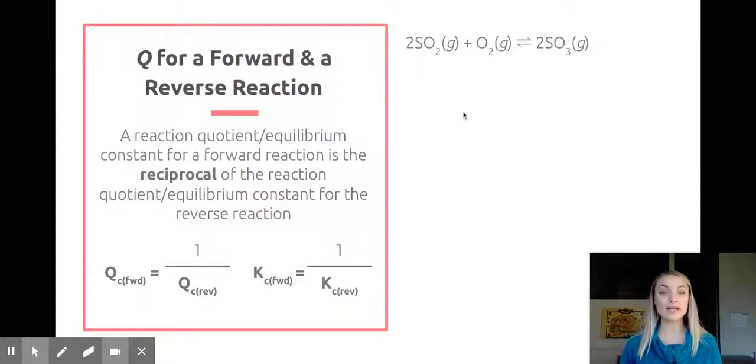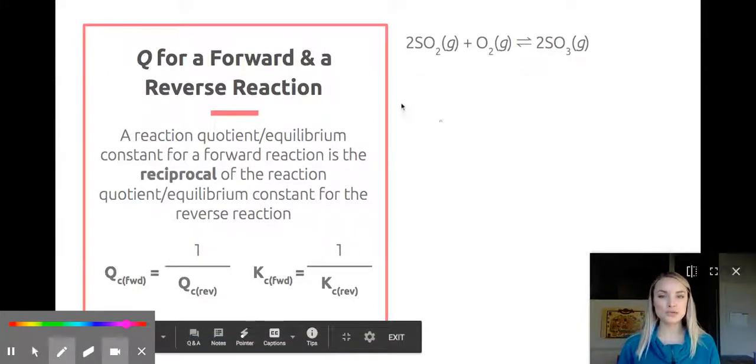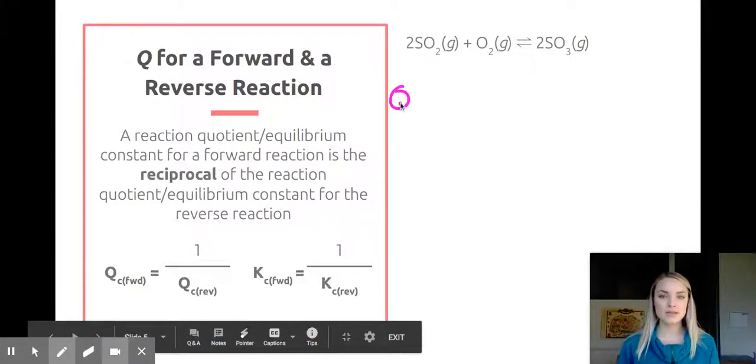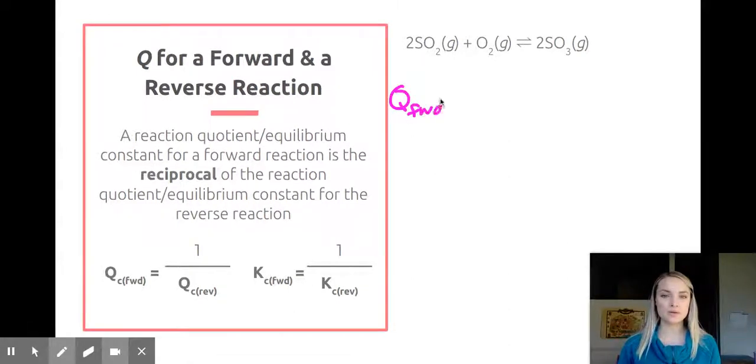Hopefully this makes sense. But let's take a look at 2SO2 gas plus O2 yields 2SO3 gas as an example. If we are looking at this as our reaction, so this is our forward reaction and our equation is written as such, we will see a reaction quotient. Let's call this our forward. That looks like this.